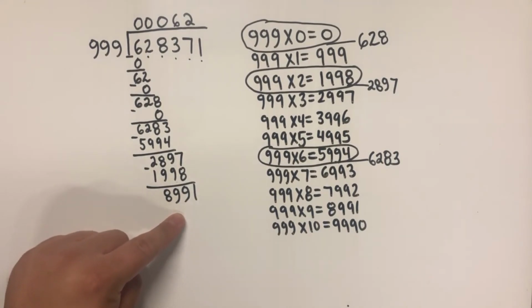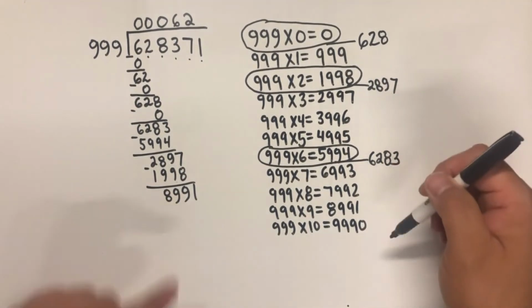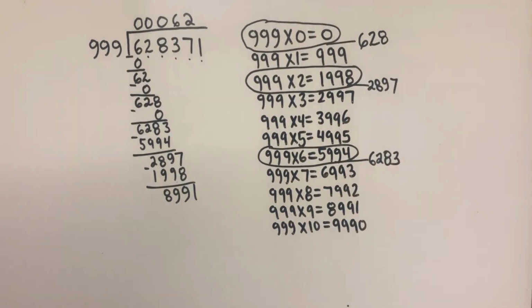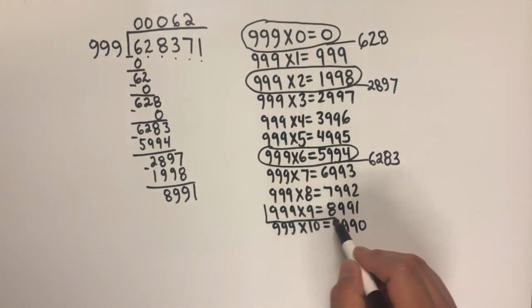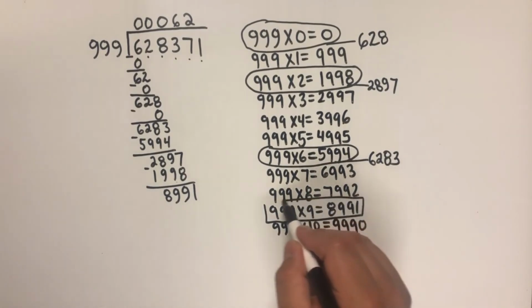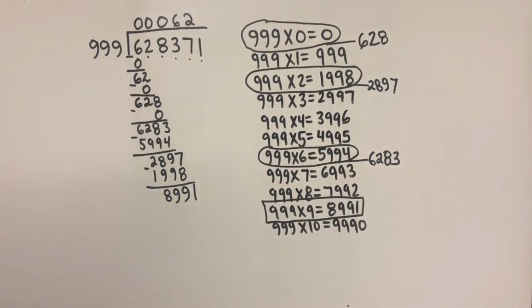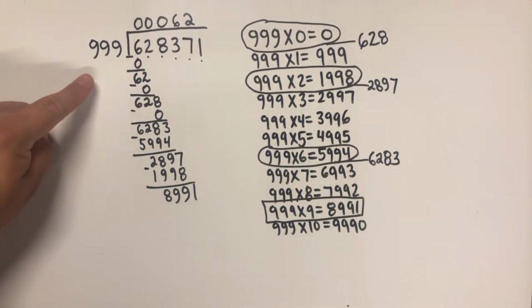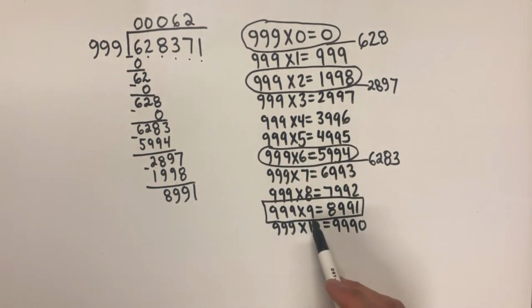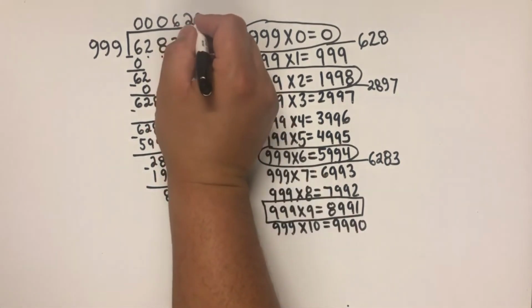And I'm going to squeeze the number in between two numbers in the multiplication table. But I can actually see that the number is exactly this expression right here. So I choose those numbers over here. This 999 is this 999, and this 9 goes on top of the 1.